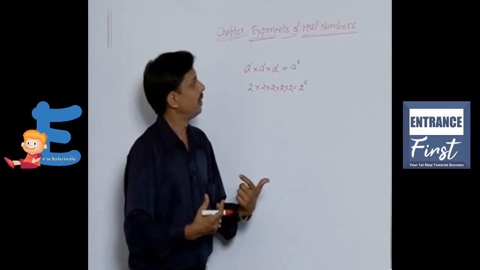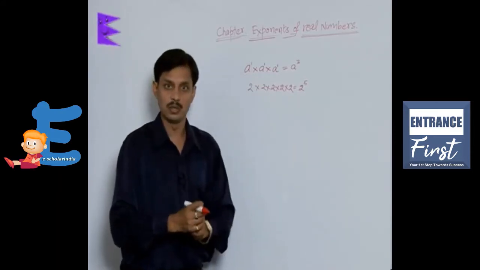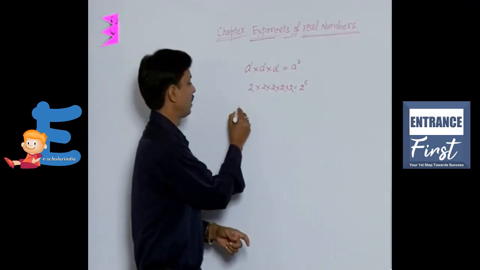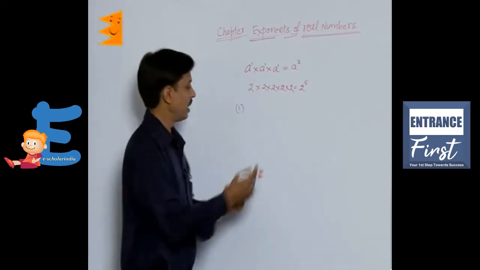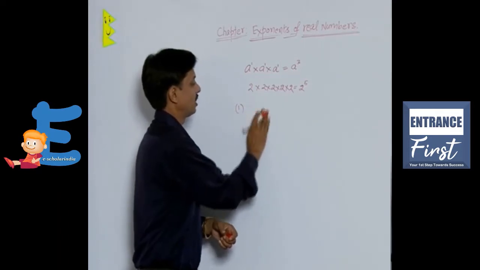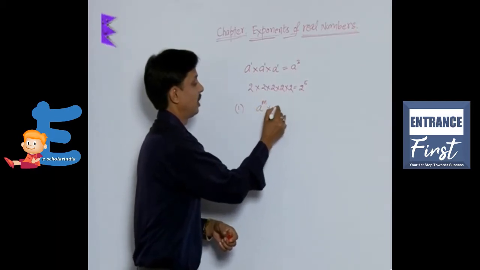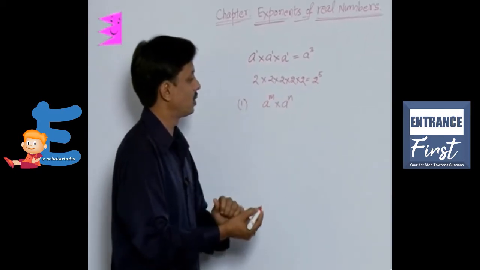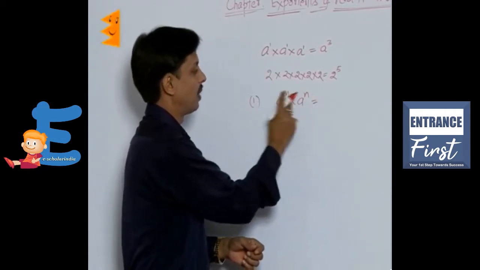As I want to explain a few problems also, before that, what are the rules? Taking the first rule here, if the base of two exponents is the same, suppose a to the power m and another a raised to the power n, and I am multiplying a to the power m into a to the power n, the base of both is the same while the powers are different.